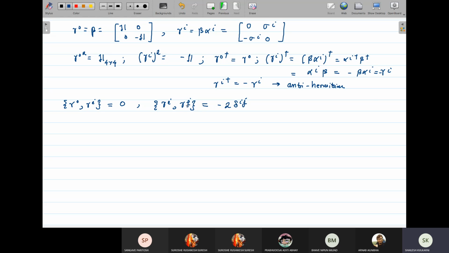And since these are 4 cross 4 matrices, I have to put the identity.